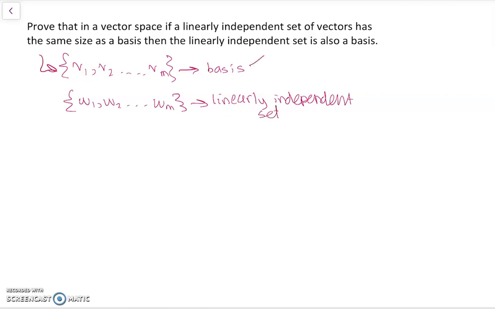The v's are going to be linearly independent and spanning, by definition of basis. So we need to also prove that the w's are a spanning set. That's our goal.